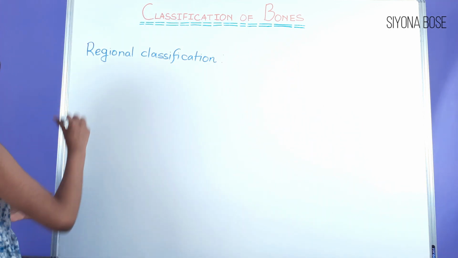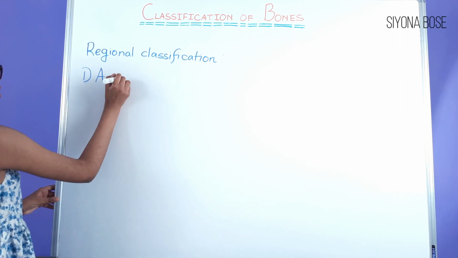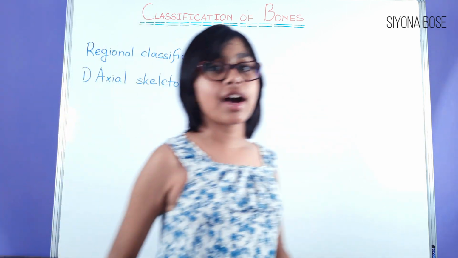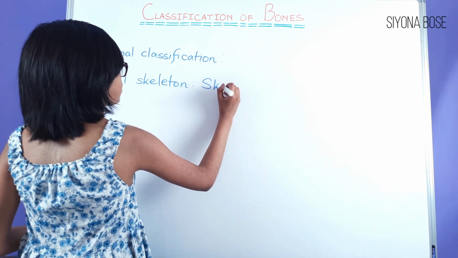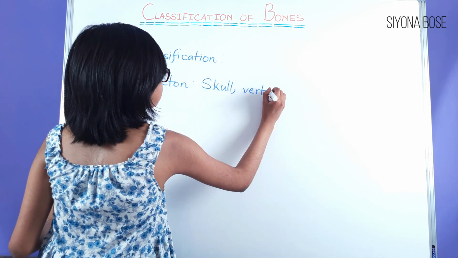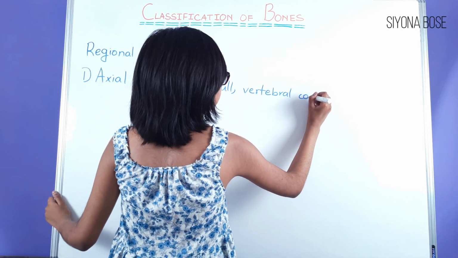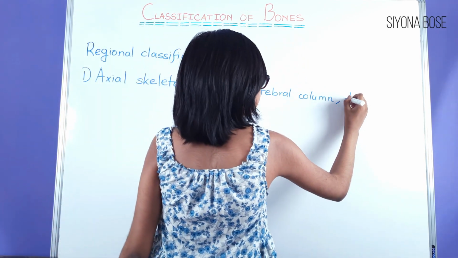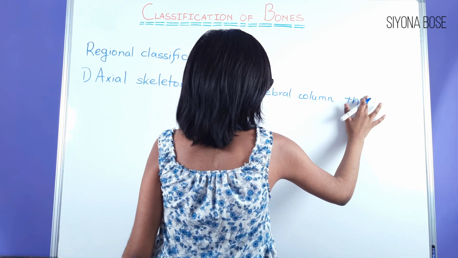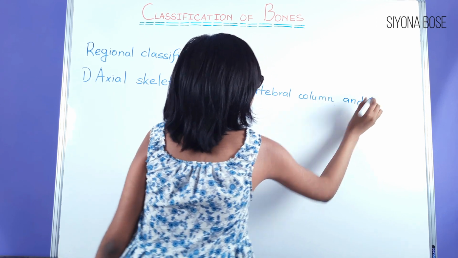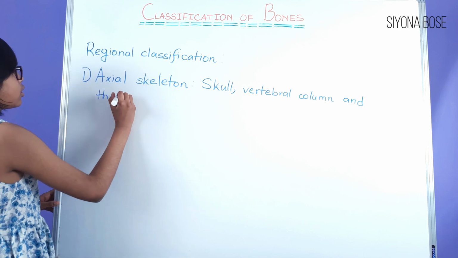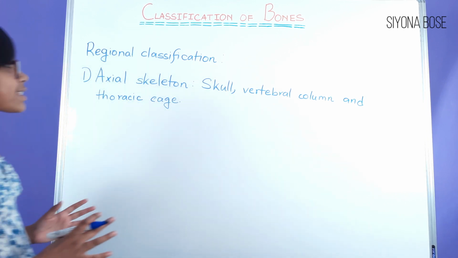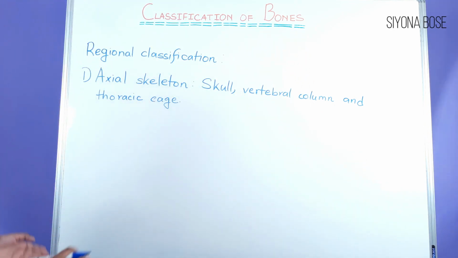We had discussed this previously too. The axial skeleton consists of the skull, vertebral column, and thoracic cage.